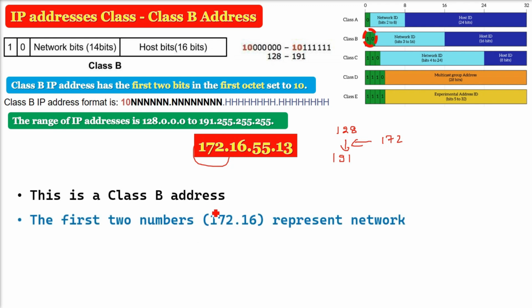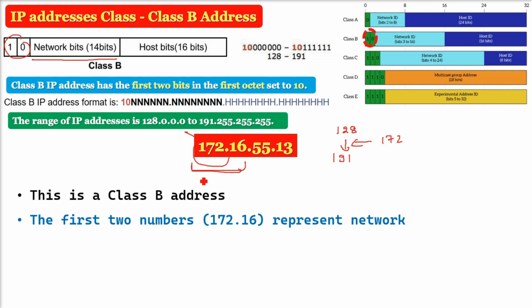Alright. So which octets, or numbers, represent the network? The first two. Remember, the default subnet mask is 255.255.x.x. So in 172.16, the first 2 bits are fixed as 10, and 14 bits are the network bits.